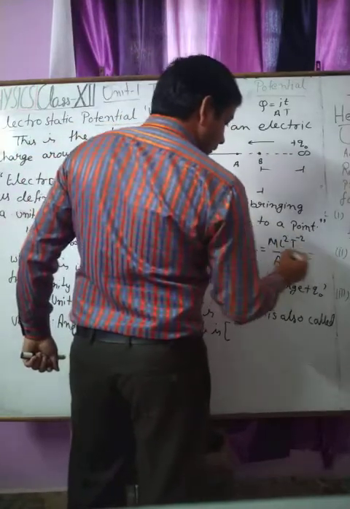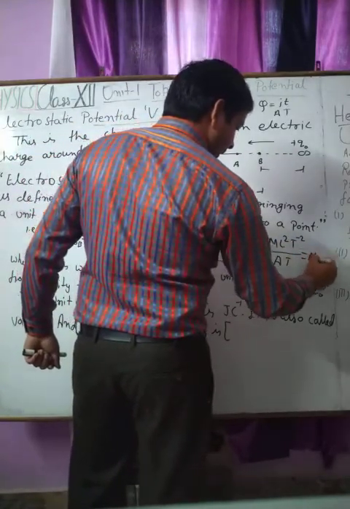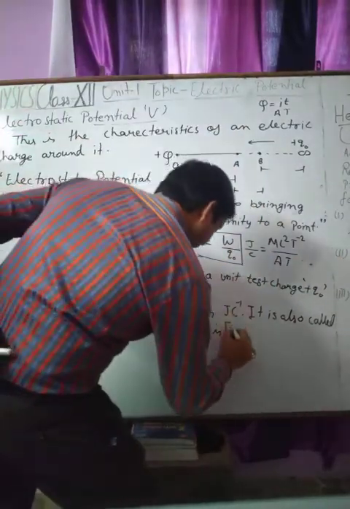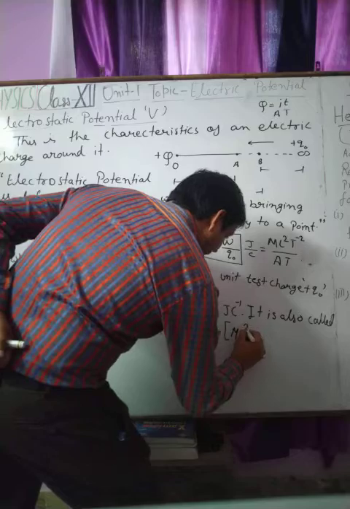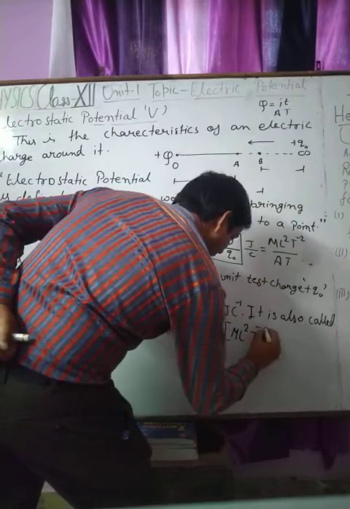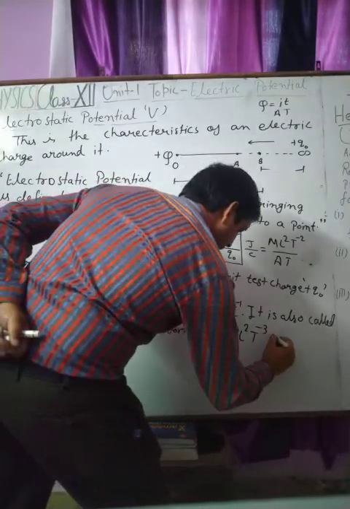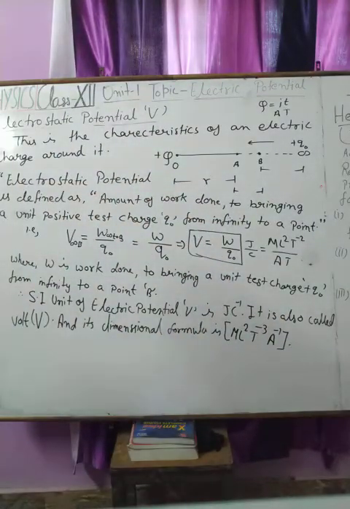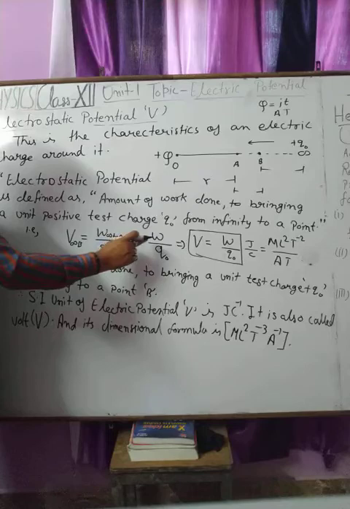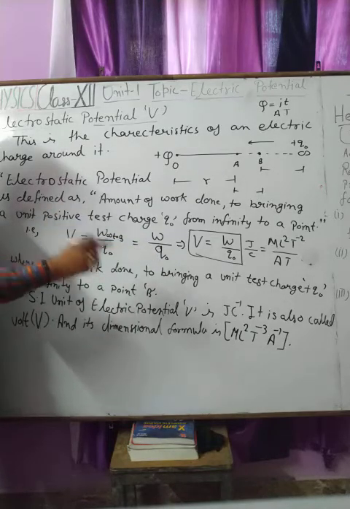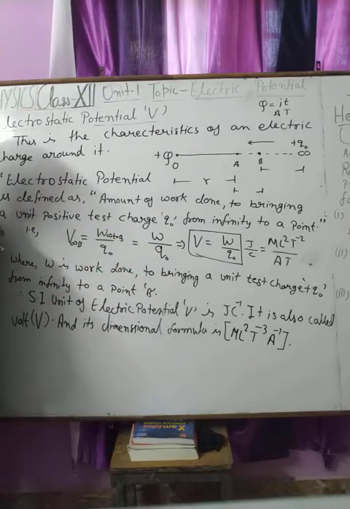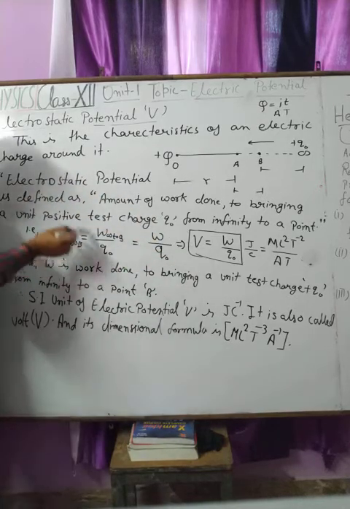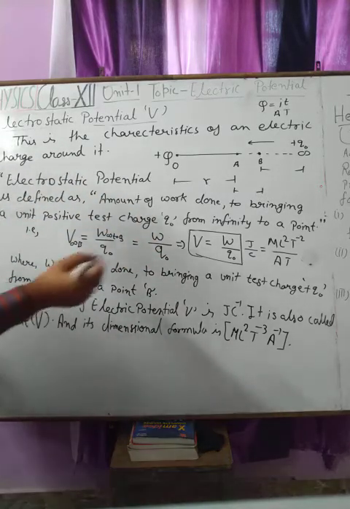Therefore we get the dimension of potential as M L2 T minus 3 A minus 1. This is the dimension. Because charge is a scalar quantity and work is also a scalar quantity, this potential is also a scalar quantity.